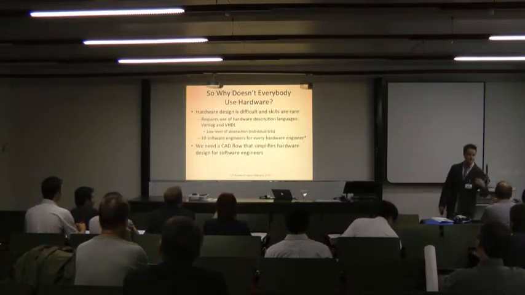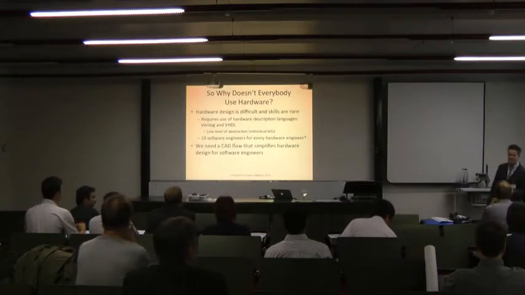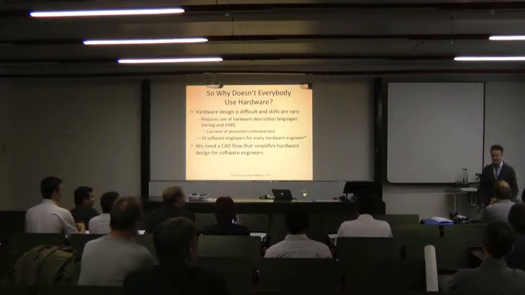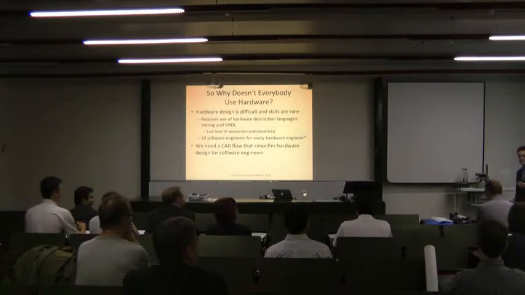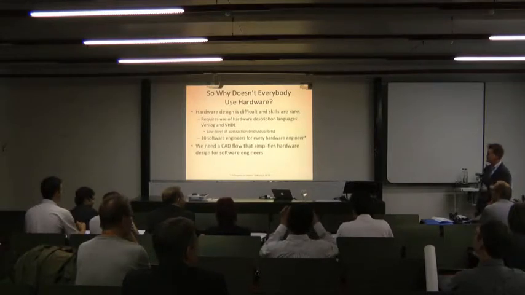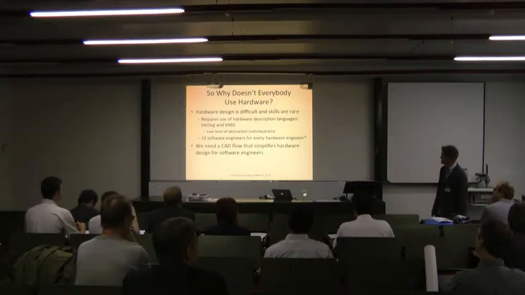And Dirk had the slide where he looked at the number of Google queries for software versus hardware. We actually looked at the U.S. Bureau of Labor Statistics, which looks at the number of people in certain professions. It turns out there are 10x more software engineers than there are hardware engineers. So we really need a CAD flow that simplifies hardware design for software engineers.